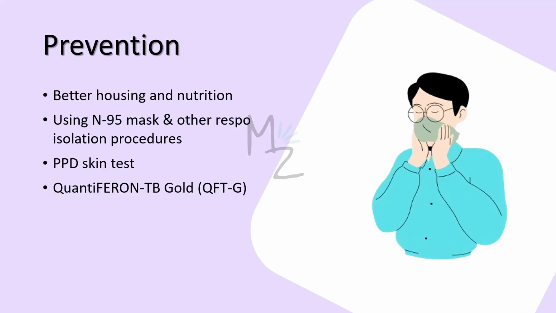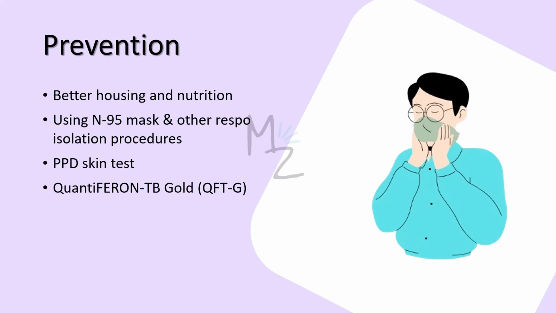Prevention. Better housing and nutrition, using N95 mask and other respiratory isolation procedures. This mask is quite important. An important component of prevention is the use of PPD skin test to detect recent converters and to institute treatment for latent infections. Then we've also got quantiferon TB Gold, the QFTG.